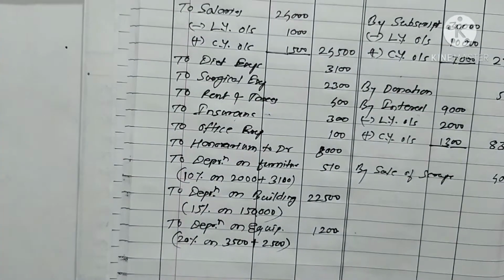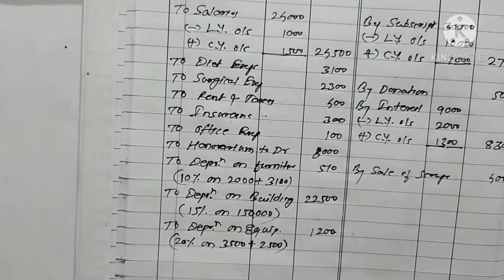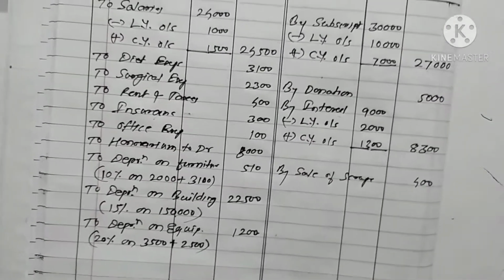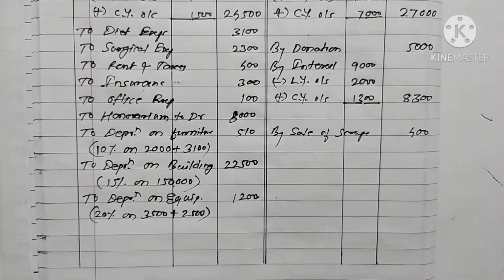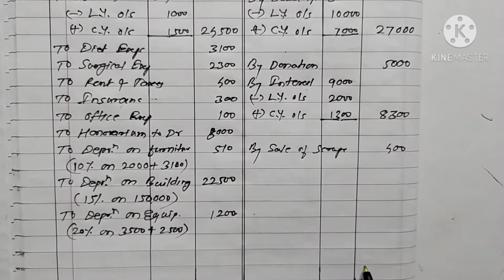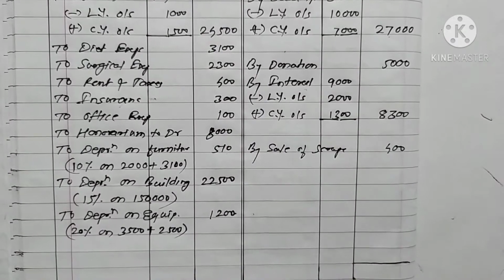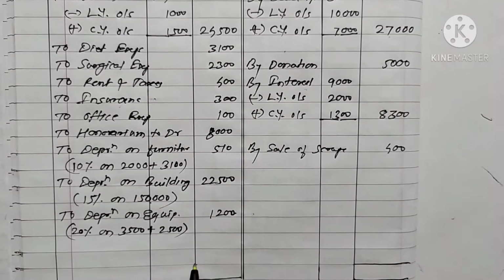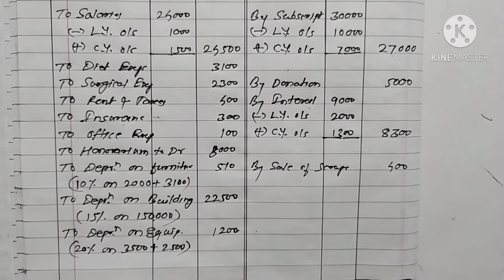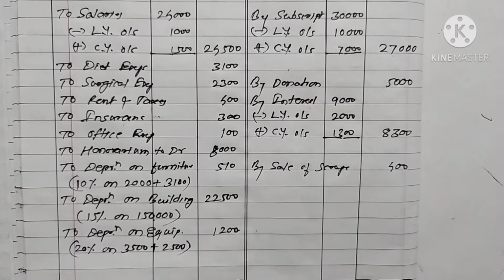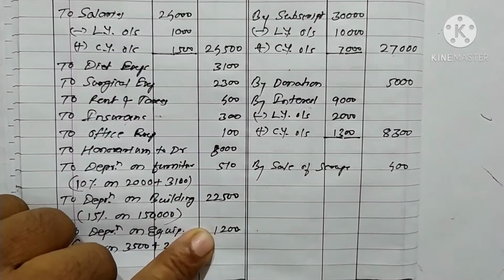Okay. Now see, we go to close the income and expenditure account. By observing the figures, total of debit side is higher than the credit side.